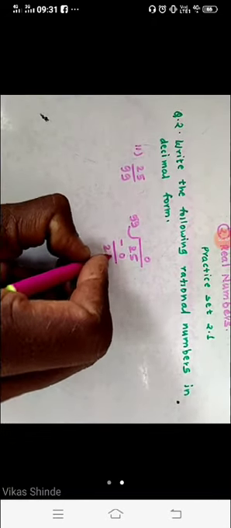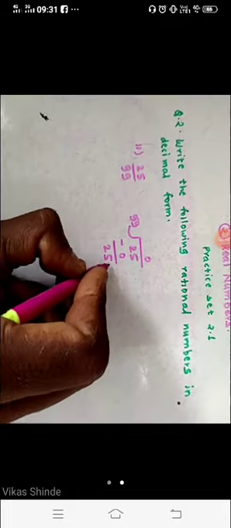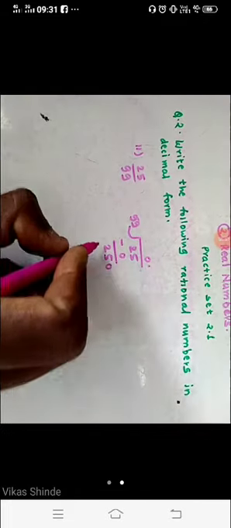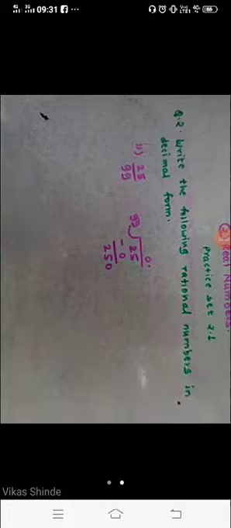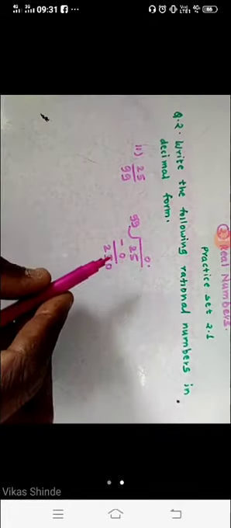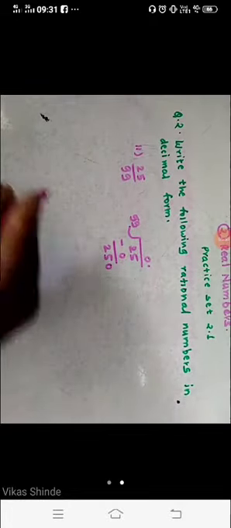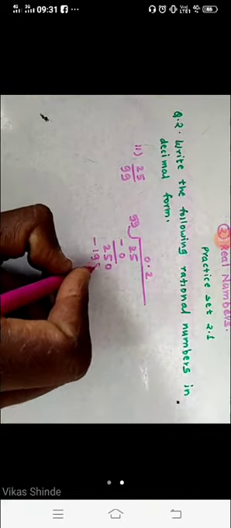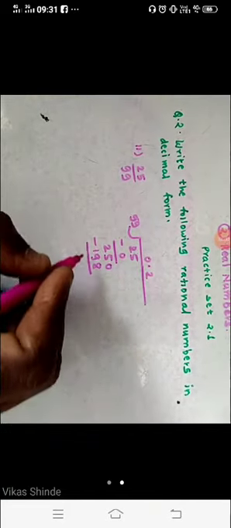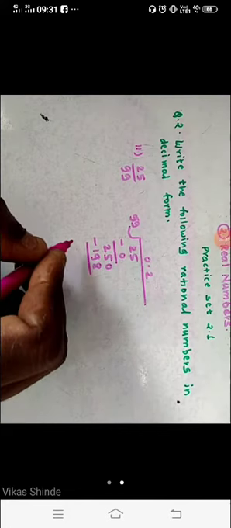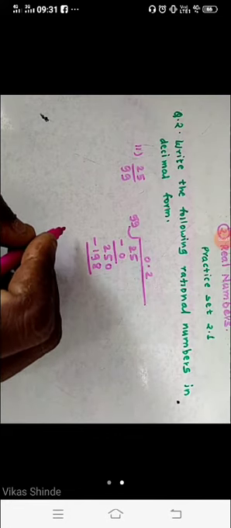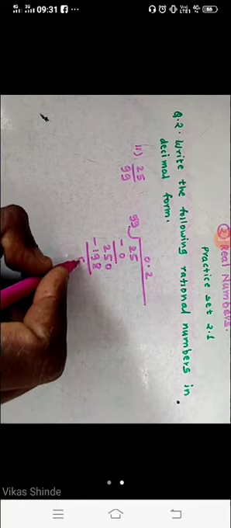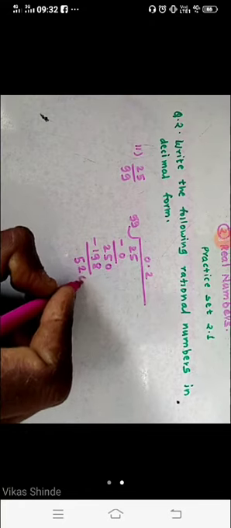Then write 25, take one more 0 and give the decimal. Here is 250 and here is 99. 99 twos are 198, so we write 2, then 198. If we subtract 198 from 250, 52 is left. Now take another zero.